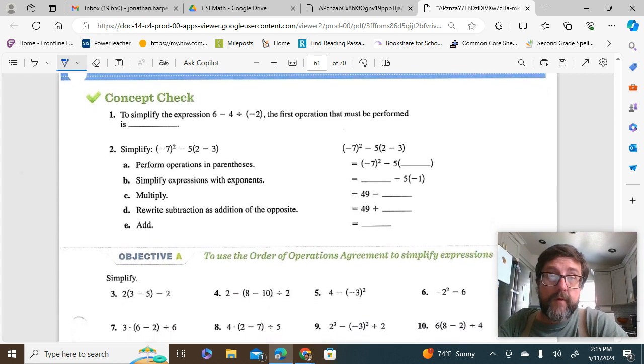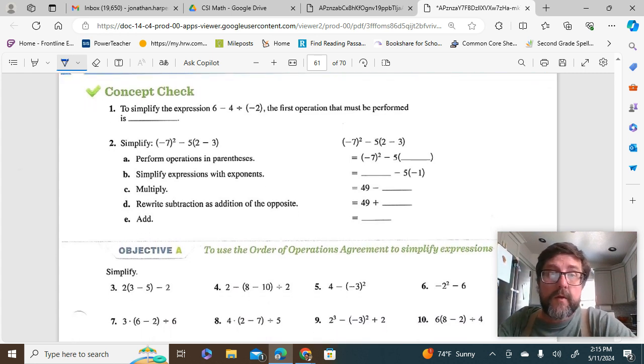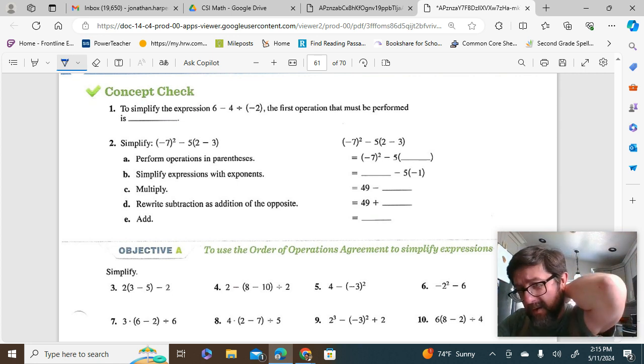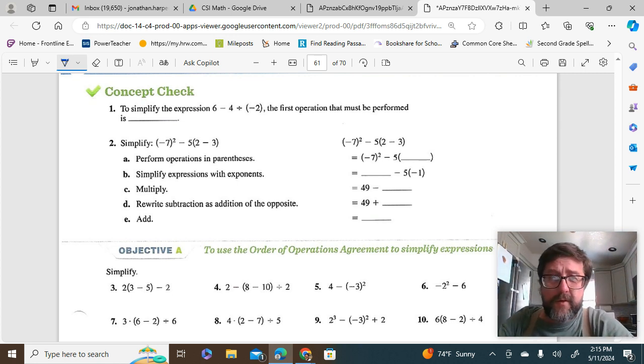3.5 concept. To simplify the expression 6 minus 4 divided by negative 2, the first operation that must be performed is, you would say, well, you have division, so you have to do division first. You have parentheses, but you don't have anything really inside the parentheses but a negative. Pause this and do it.